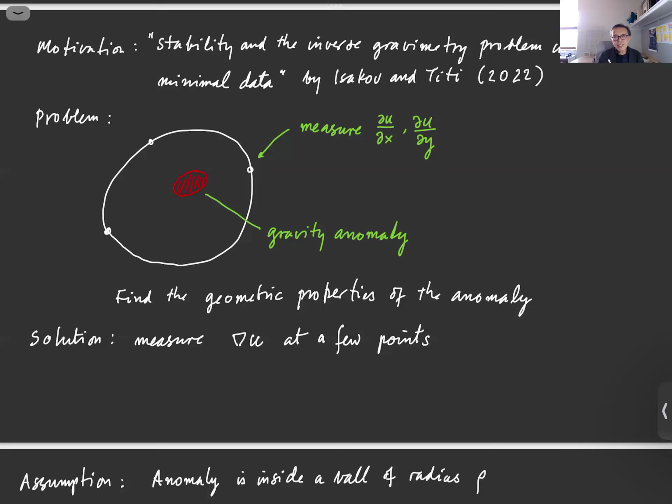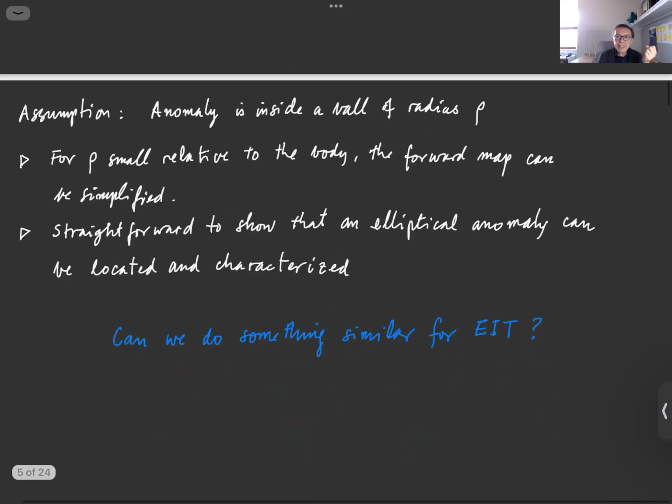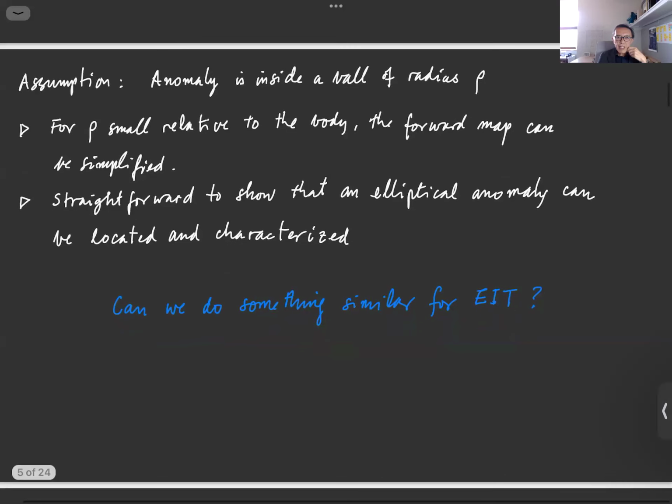The departure that they took in addressing this problem is just to see how many measurements you really need if you can measure at a point. At these points, they measure the gradient of the gravitational field. They assume that the anomaly is inside a ball of radius rho.